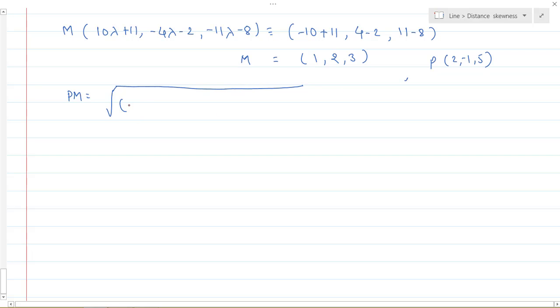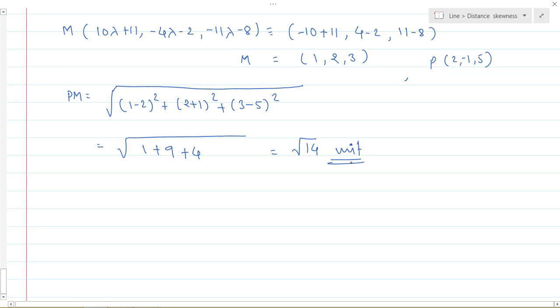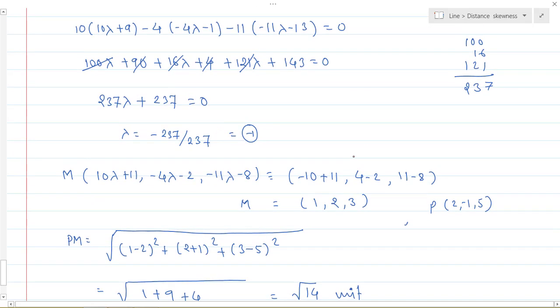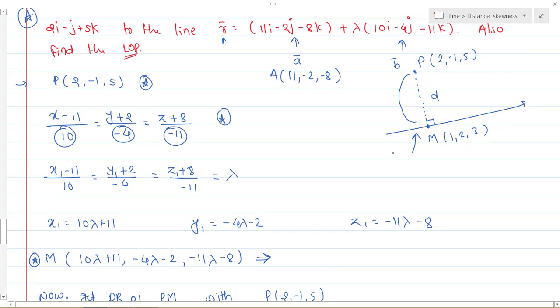So take (1 minus 2) whole square plus (2 plus 1) whole square plus (3 minus 5) whole square, which equals root of 1 plus 9 plus 4. This is root of 14, the distance PM, which becomes my length of perpendicular in this case.